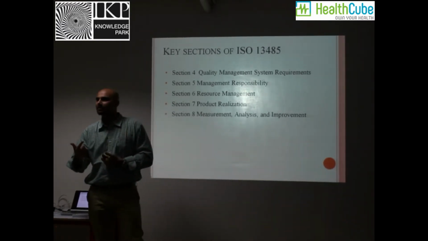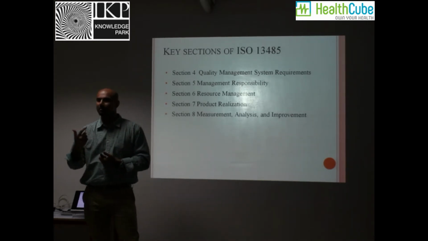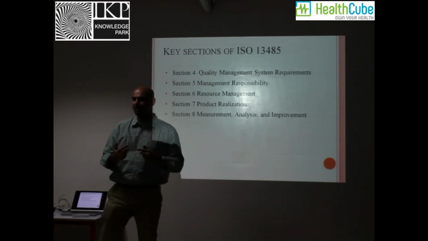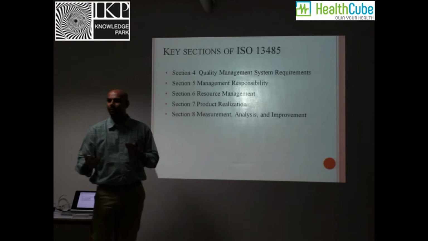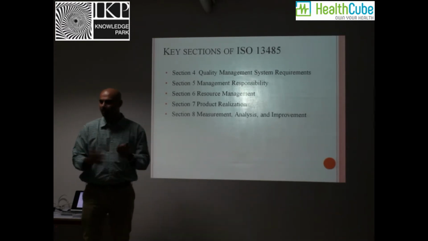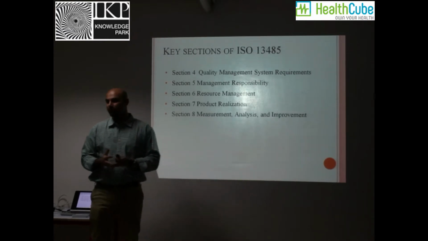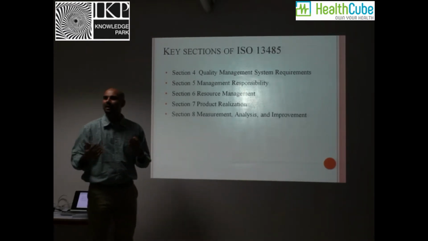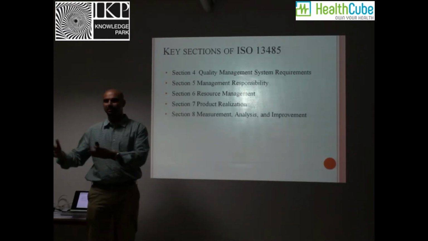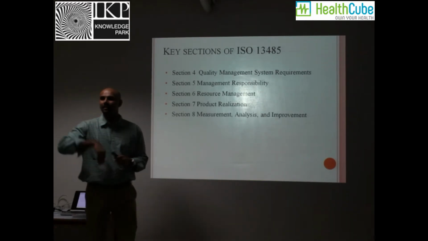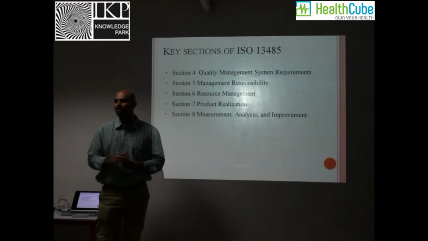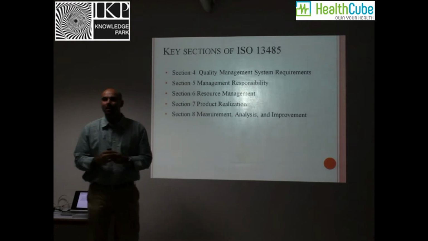Then comes section 5, which is management's responsibility. Then you have section 6, resource requirements, not only human resource but infrastructure as well. Then comes the most important, section 7, which talks about your design, development, production, service, installation, all of that. And then comes the last section, section 8, which talks about improvements.